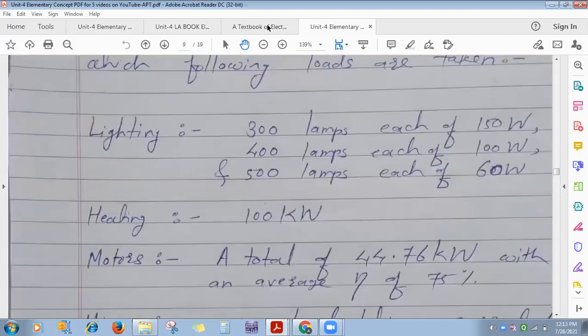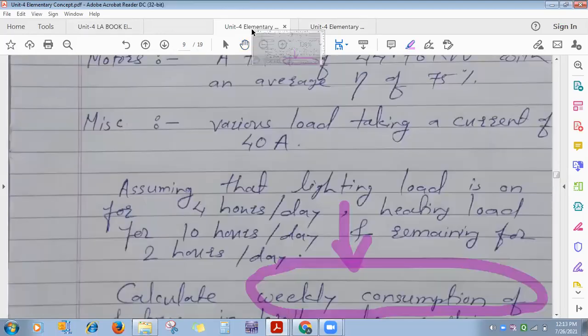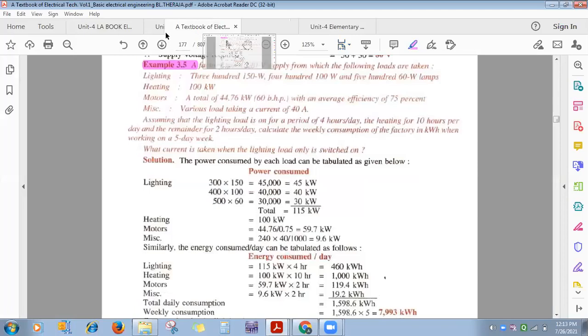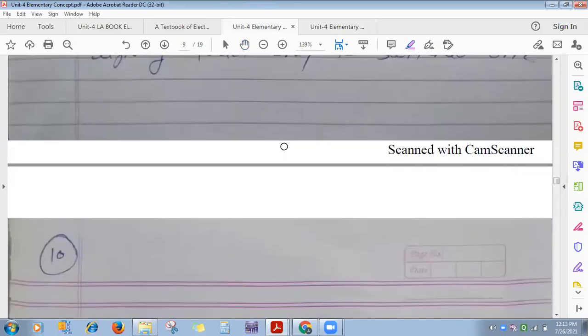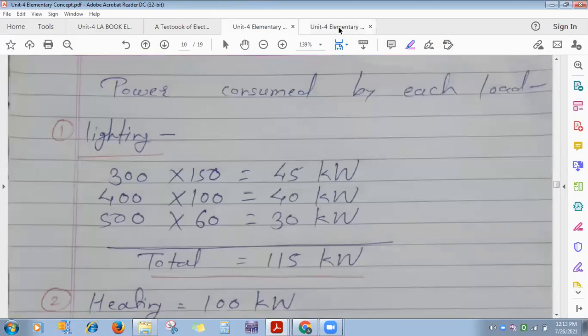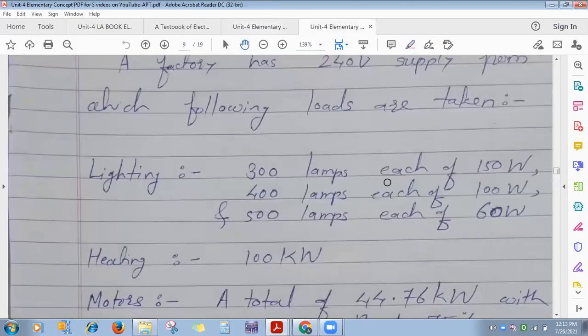Okay. So see now. See here, for lighting load, how many lamps are there? 300, and each of the specification is given. Various lamps are there.